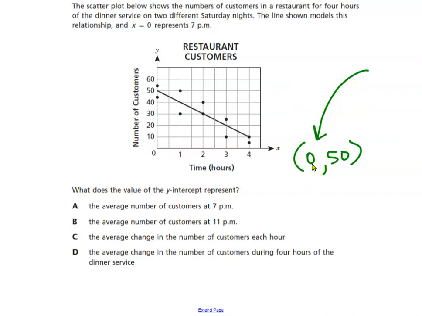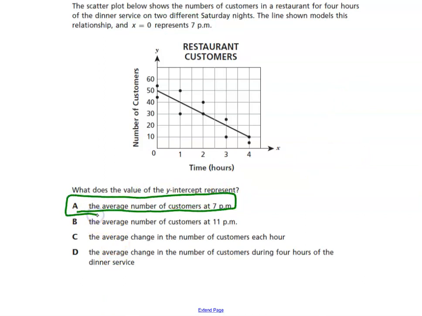And if we look up at our clue here, the 0 means it's 7 p.m. So the 1 would mean it's 8 p.m., the 2 is 9 p.m., 10 p.m., 11 p.m., etc. So what does the value of the Y-intercept represent? It represents the average number of customers at 7 p.m., the starting value.